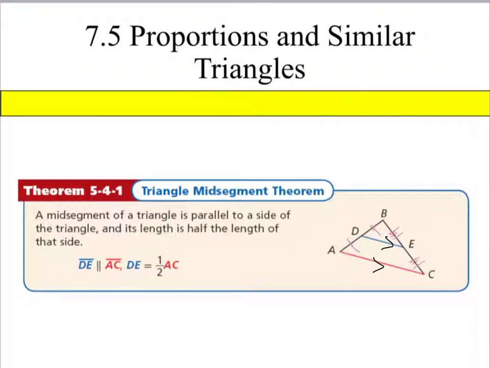So just by knowing that triangle mid-segment theorem, we know a lot of information is given to us if I tell you this is a triangle mid-segment. Let's try one.